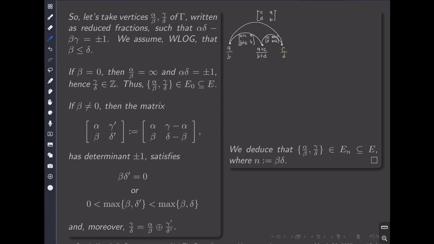If the determinant is plus or minus 1, then I can decrease that maximum until it becomes 0, and then I know that the two things are connected.